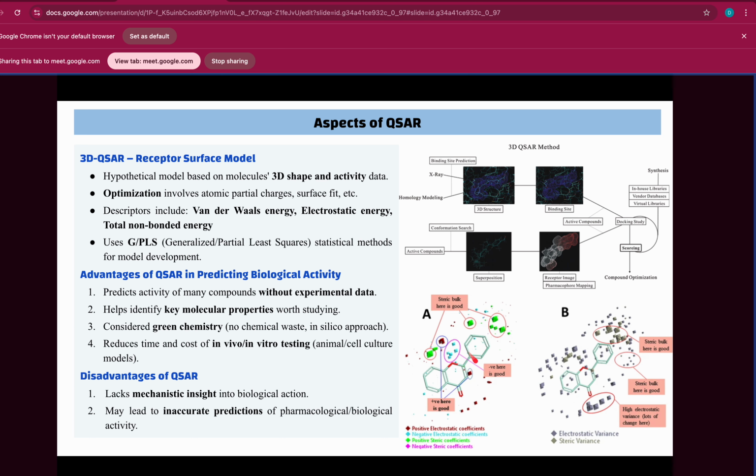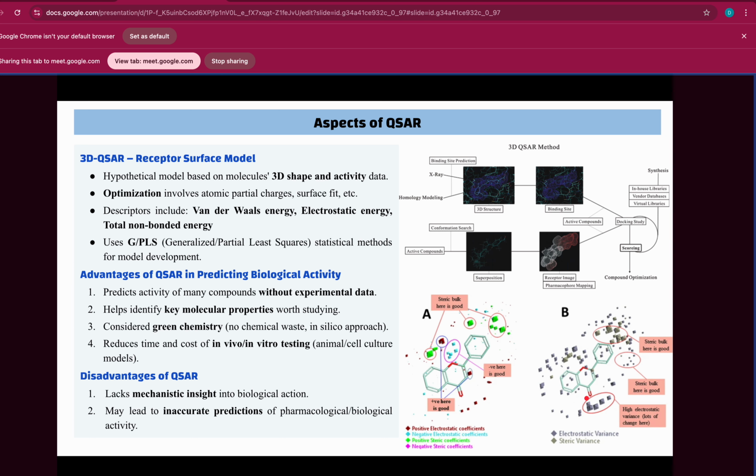Whereas in this case, this electrostatic coefficient or electrostatic groups are also present in my target binding site. Similarly, these other groups are also present. And then this is another compound in which steric bulk is good, and then high electrostatic variance, lots of change here.